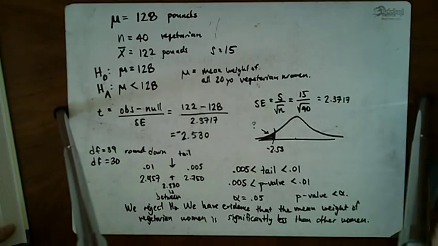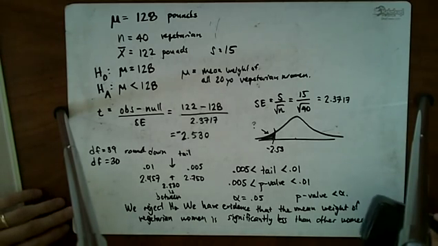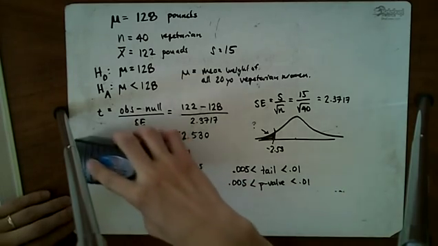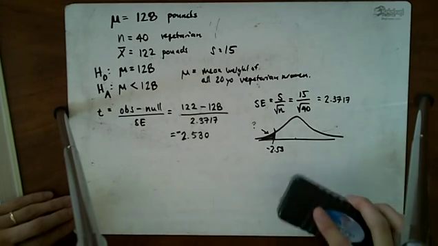Part B asks us to try it with a sample of 100 women instead of 40 women. Okay, and so the work is going to be very similar, but we're going to have a sample of 100 women.